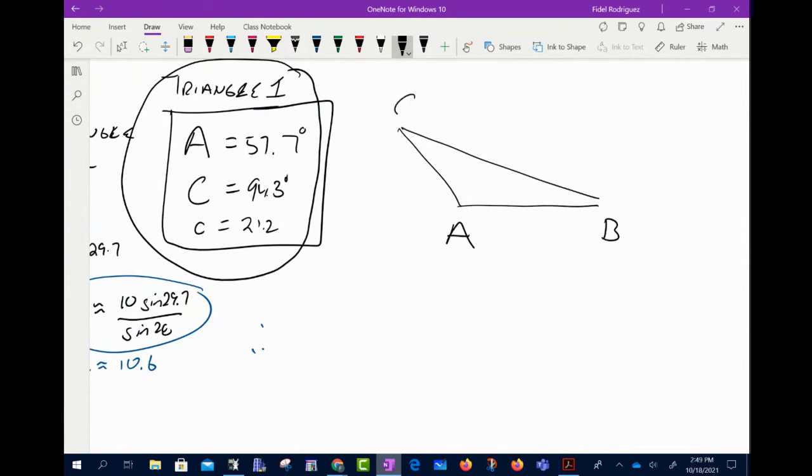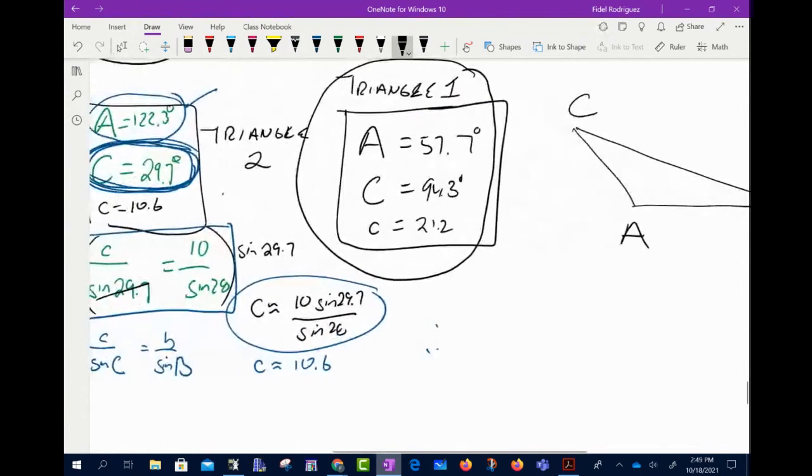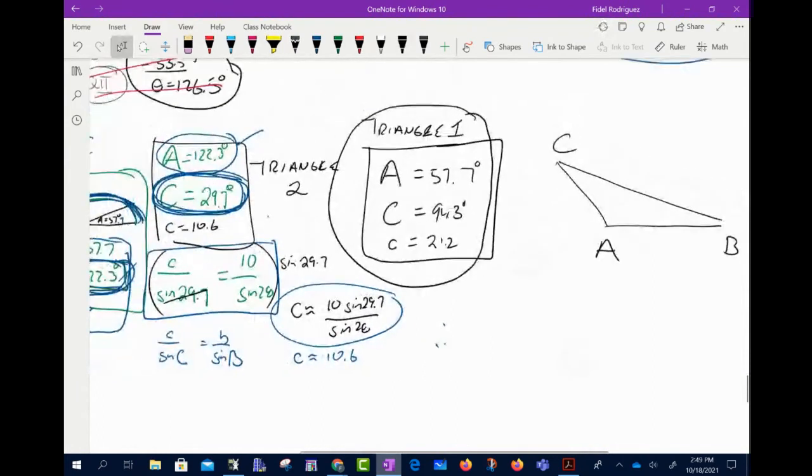Angle A, angle B, angle C. And I want you to notice, look at the values that I came up with right here. So that's telling me that this angle A is 122.3 degrees. Angle B, we already knew to be 28 degrees, and we found angle C to be 29.7.